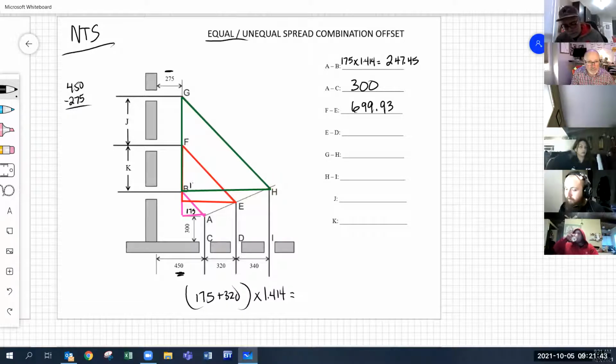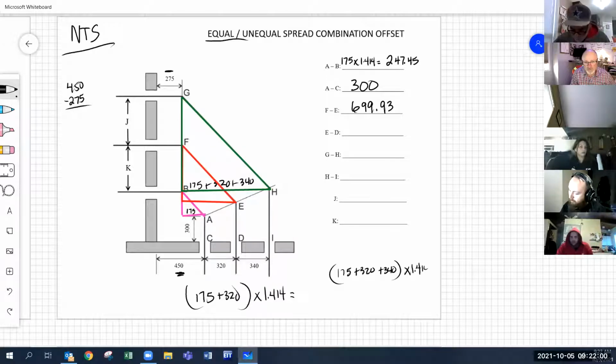So that's going to be 175 plus 320 plus 340, bracket, times 1.414. So G to H comes out to 1180.69.